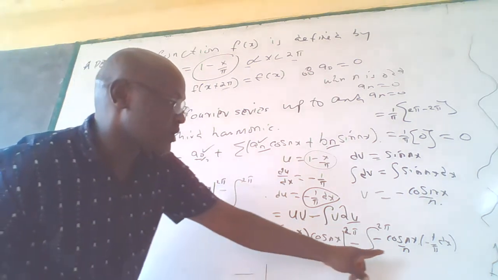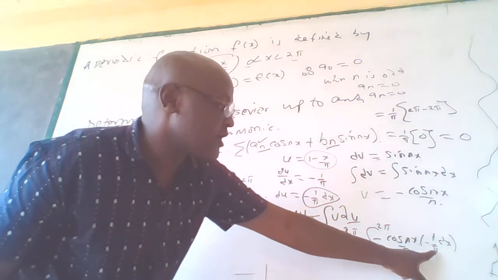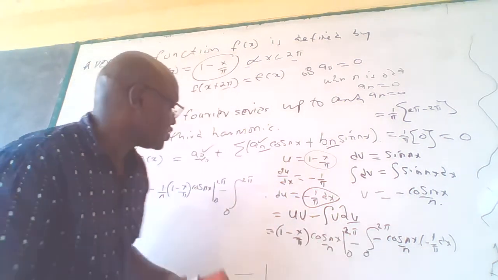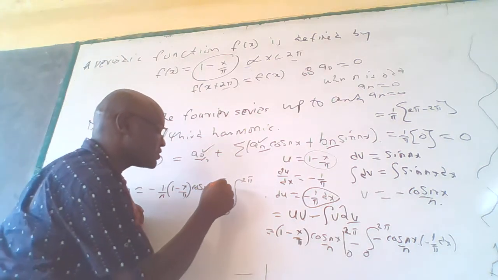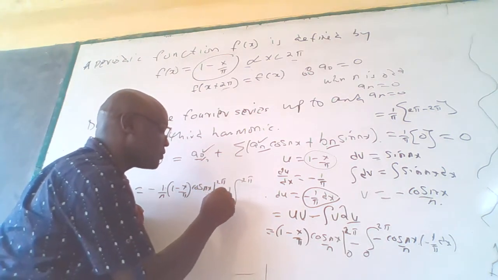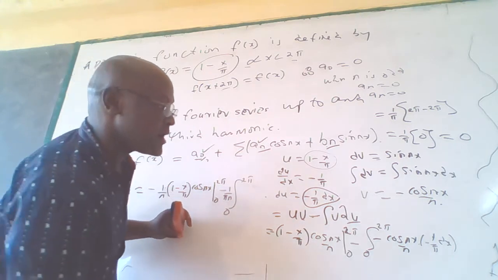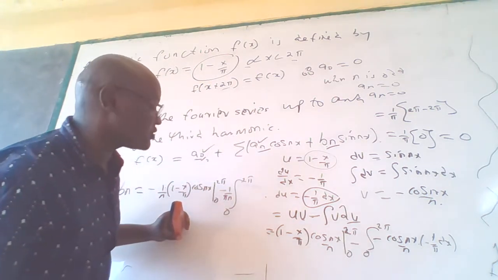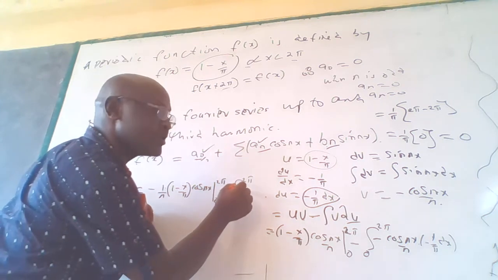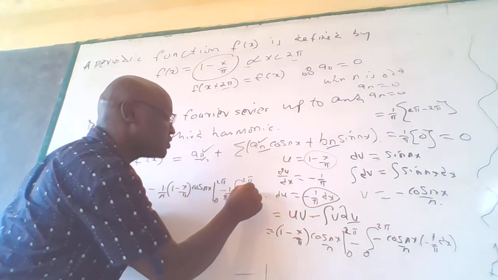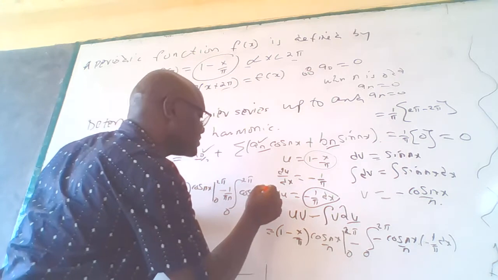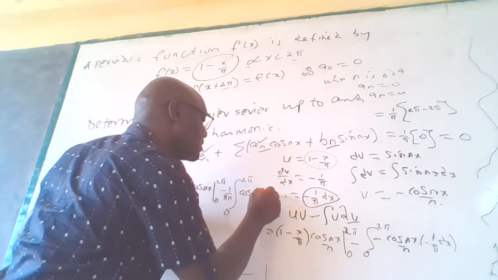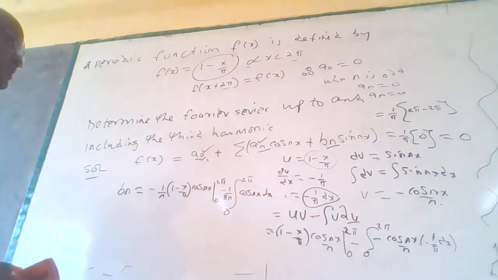But before that, we can take out pi and n, so that here we have minus 1 over pi n, and then this side and this side will cancel out, and then we have positive, so that inside here we have cos nx dx.